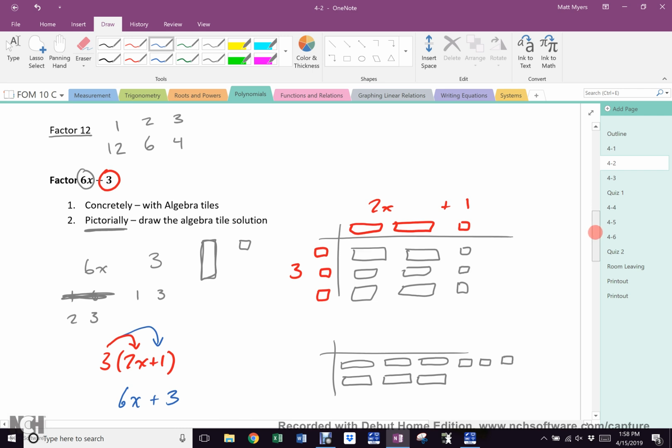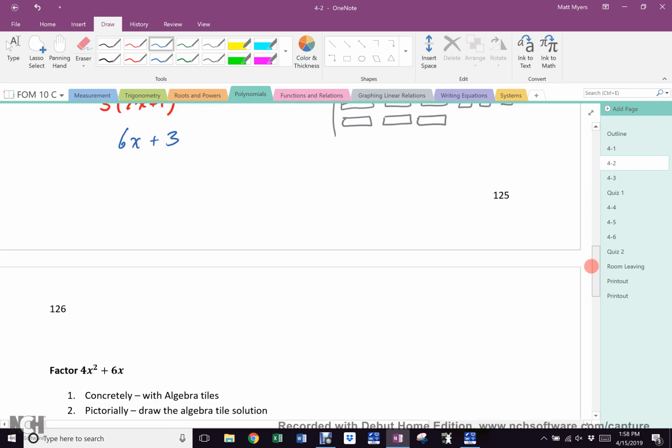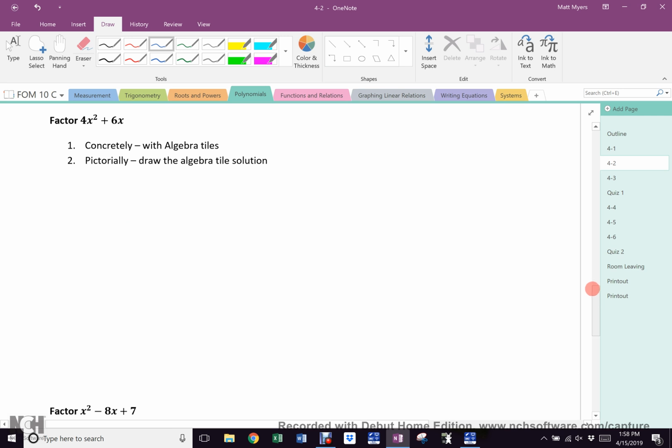Okay, I'm going to make it one harder when you turn the page over. Is it still a binomial? Yep. So I know my factors are going to have to be a monomial and a binomial, yes? Okay. So that means I got to break down 4x squared and 6x. What are my options for 4x squared? 1 and 4 or 2 and 2, correct?